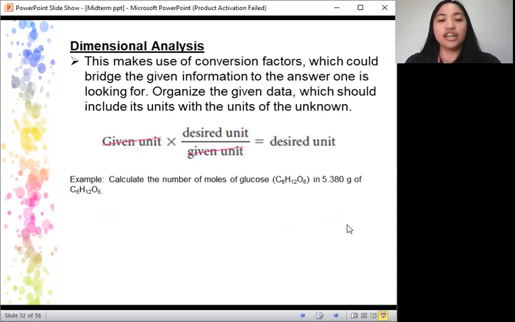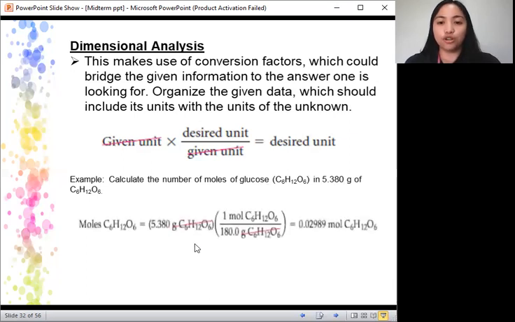Next, calculate the number of moles of glucose in 5.380 grams of glucose. Kani. So, ang given is 5.380. Ang gipangita, pila daw ka moles sa glucose kung naa kay 5.380 grams sa imong glucose. So, again, you put your given unit, then kabalo ka nga ang molecular weight sa glucose is 180.0 grams.